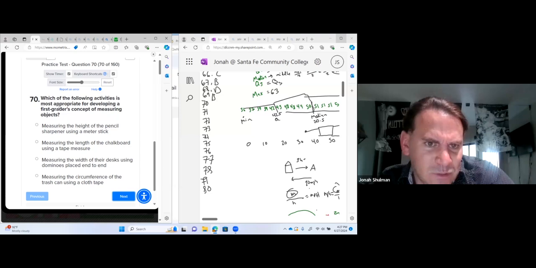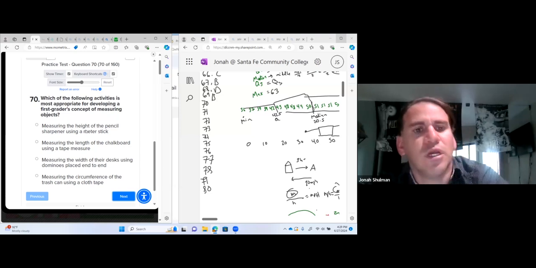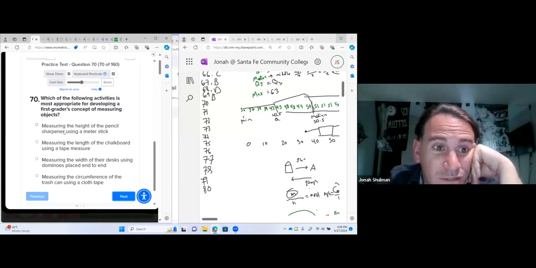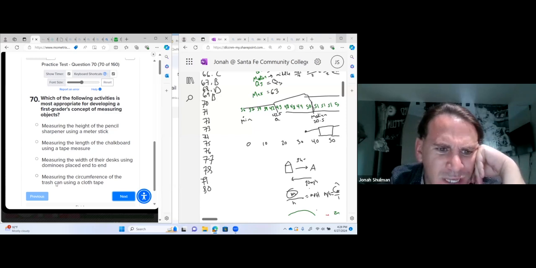So which activity is most appropriate for developing first graders' concept of measuring objects? I like A a lot, but it says objects. Measuring the circumference of a trash can using a cloth tape. Measuring the length of a chalkboard using a tape measure.